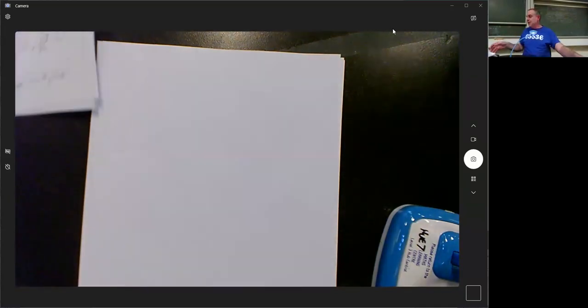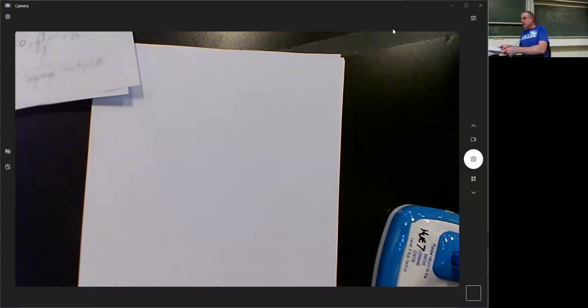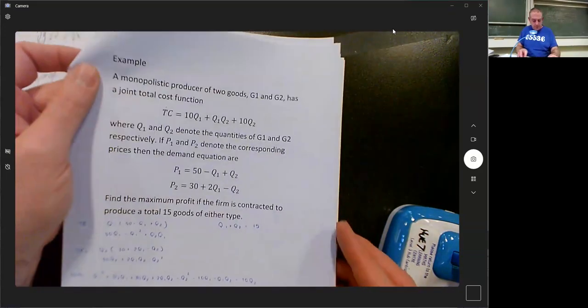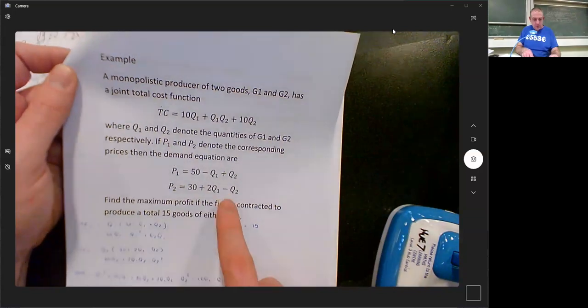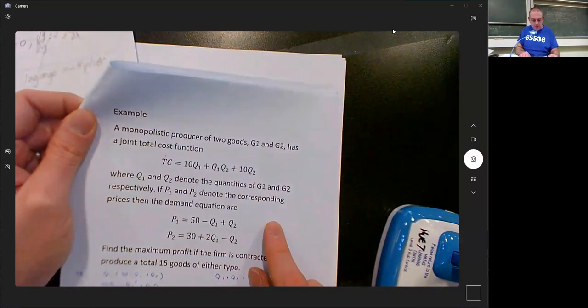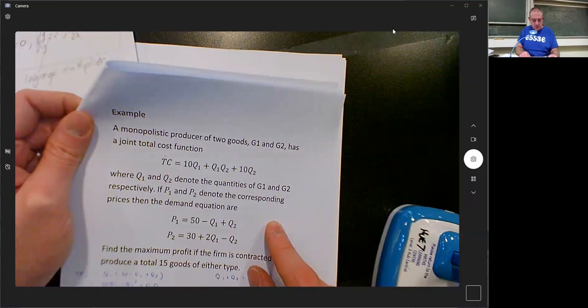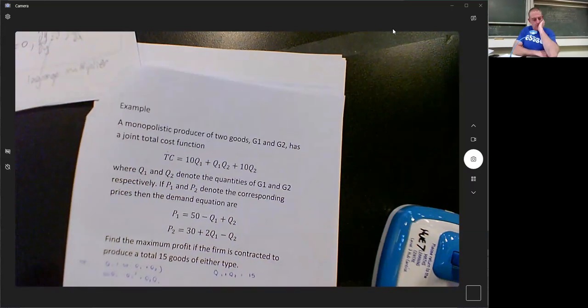So that was good. So there is another problem in here that I was really interested in looking at actually, and it was the next one in these notes, and it was this one here. A monopolistic producer of two goods, G1 and G2, has a total cost function of this, where Q1 and Q2 denote the quantities of good 1 and good 2 respectively.